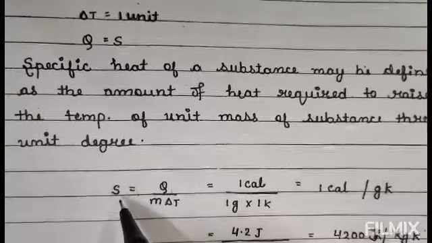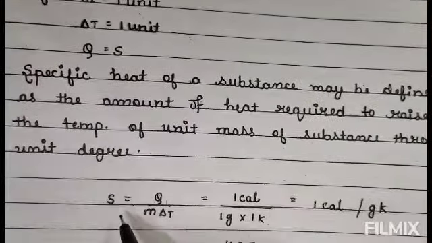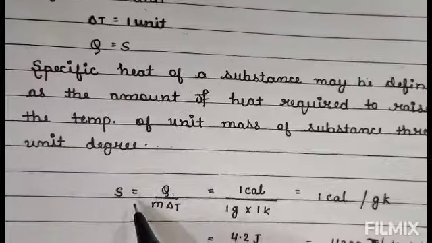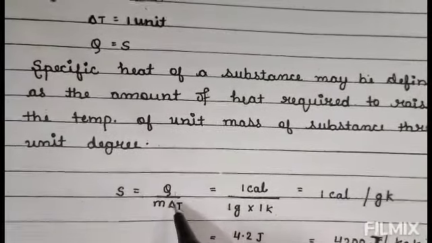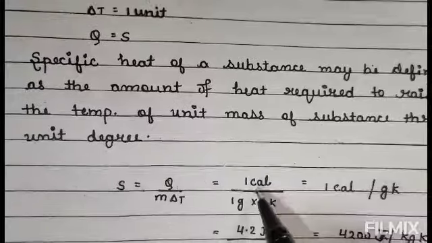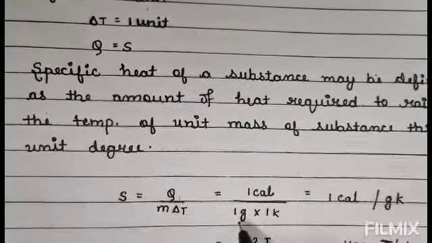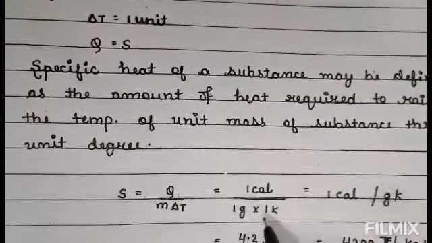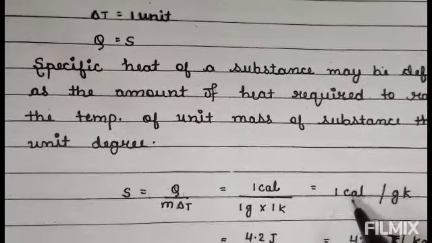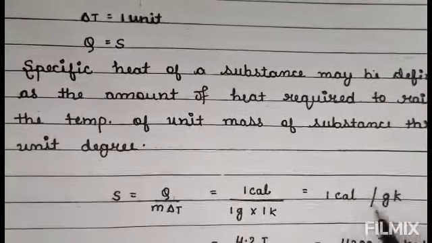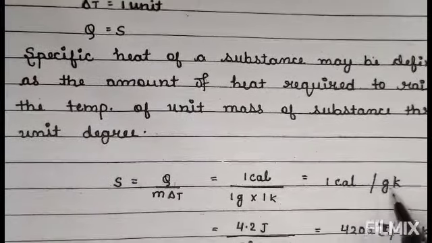Now specific heat s, by the formula we derived, Q = msdT, is s = Q / (m delta T). Q, the practical unit of heat, is 1 calorie, m is in gram and delta T is in Kelvin. So 1 calorie per gram Kelvin will be the specific heat.